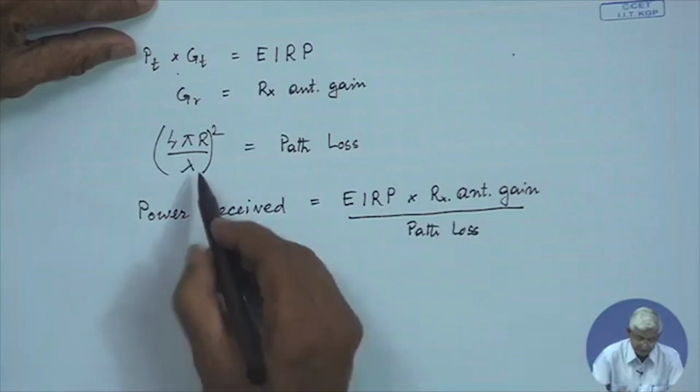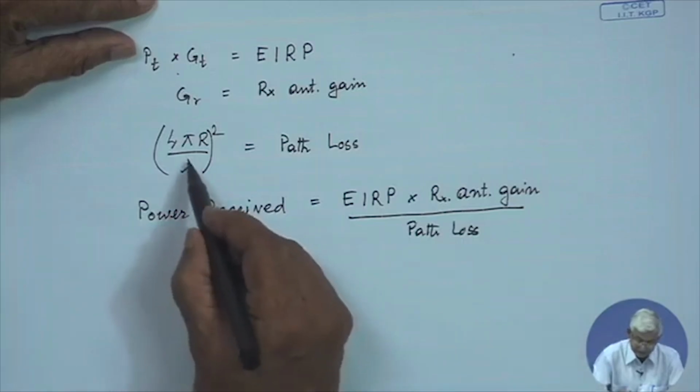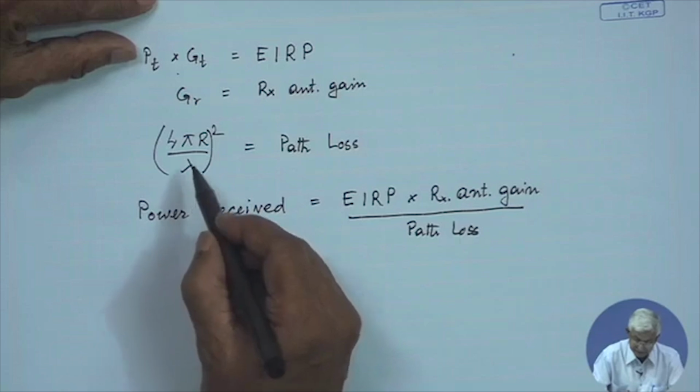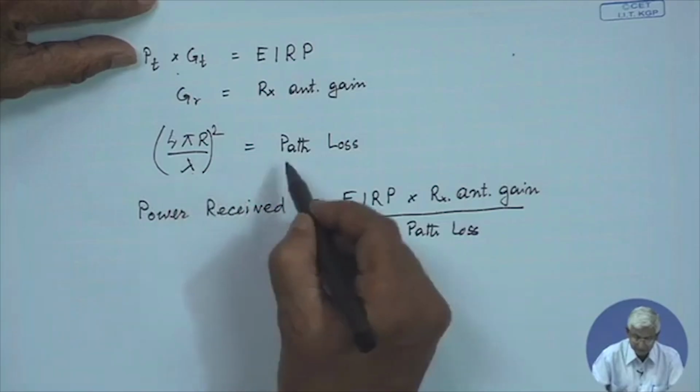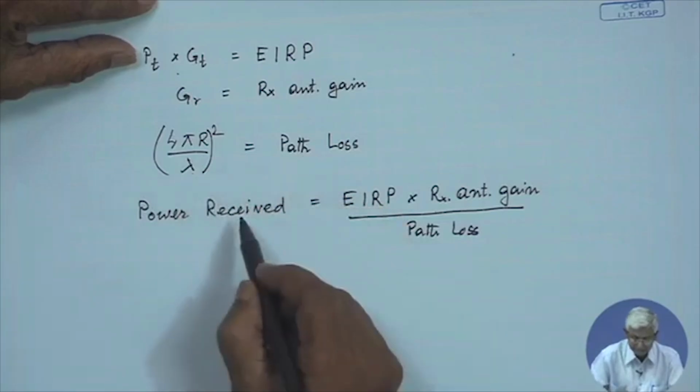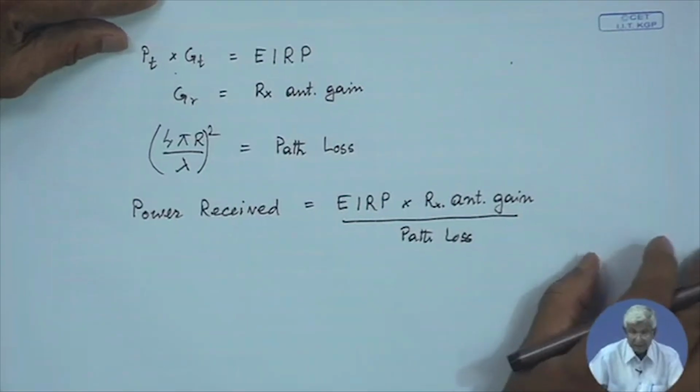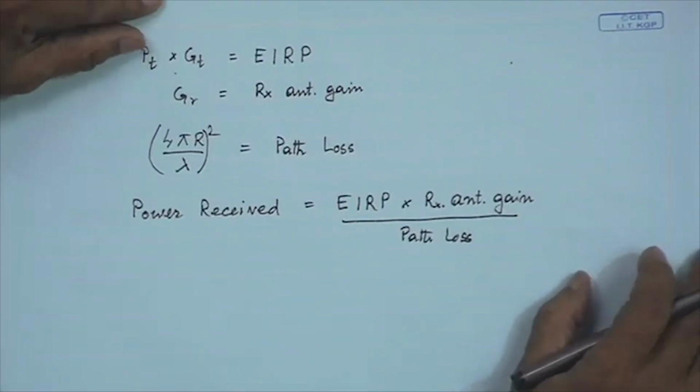And of course, you can see that if the frequency increases, that is when the wavelength is smaller and smaller, the path loss will increase. We have seen earlier that the bands commonly used for satellite communication are C band, at 4 to 6 gigahertz, Ku band, 10 to 12 gigahertz, and Ka band, 20 to 30 gigahertz.